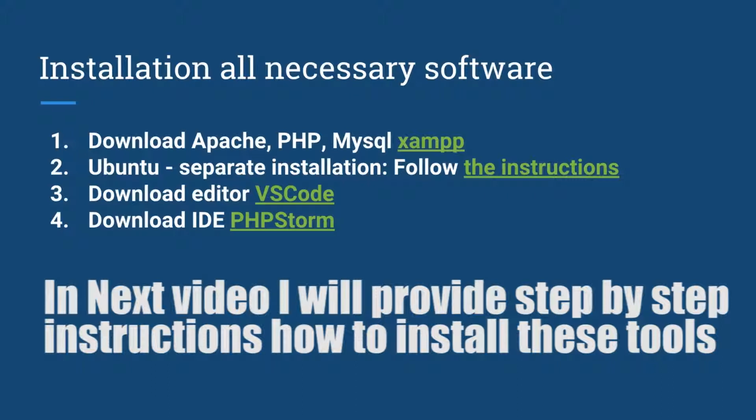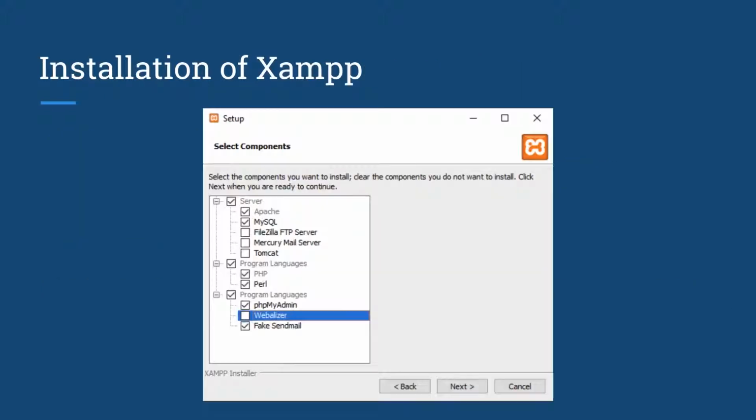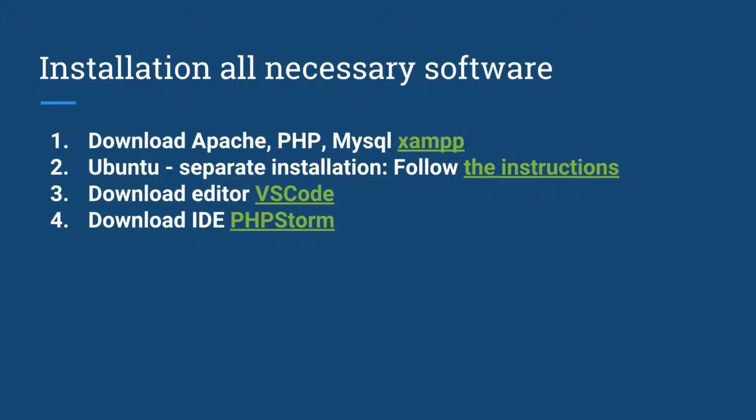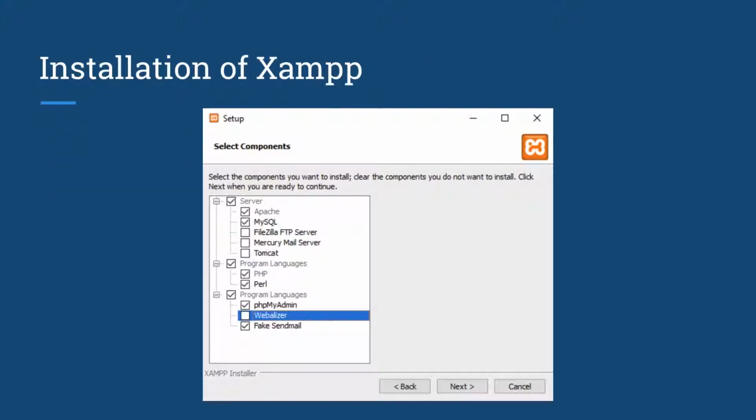Okay, I will again explain how you can download and install, for example, XAMPP. And here are some screenshots. So you basically download XAMPP for your operating system. For Windows, it's an exe file, and you just run it. It has some screens. You click next, and it has some additional tools such as FileZilla FTP Server, Tomcat, or Mercury Mail Server.